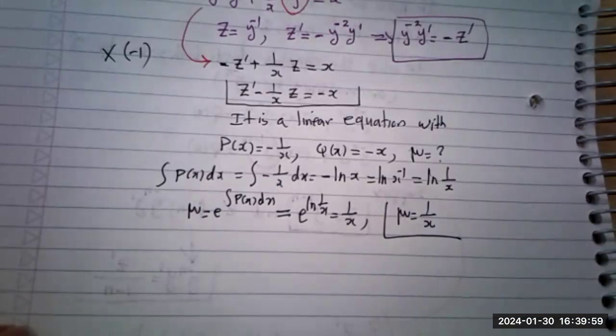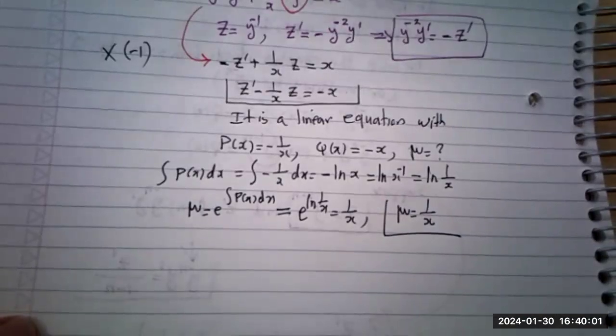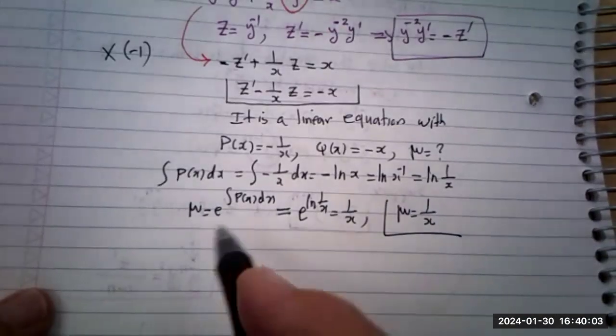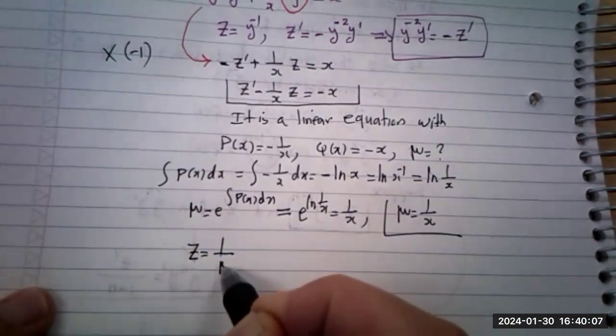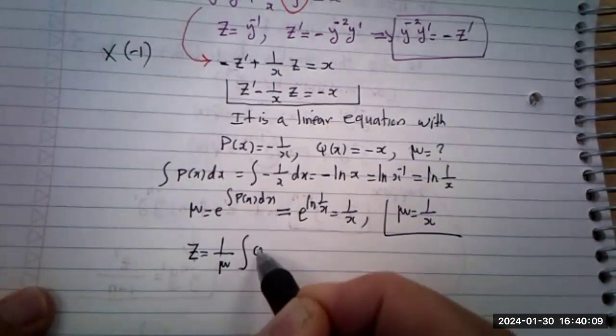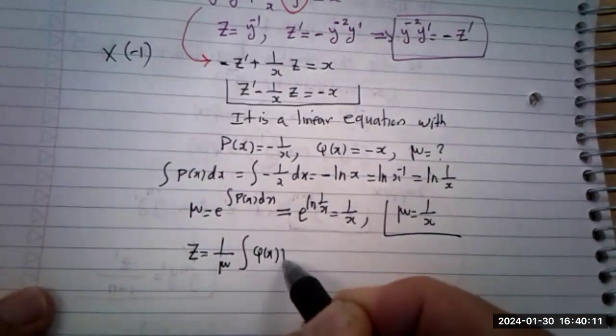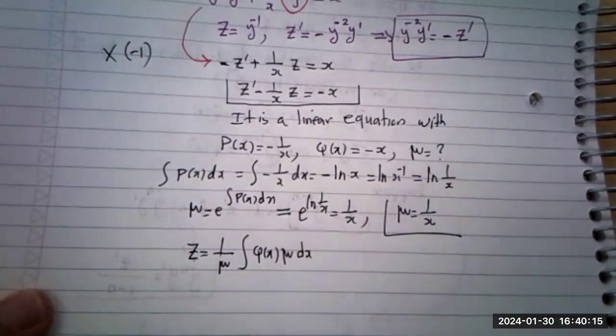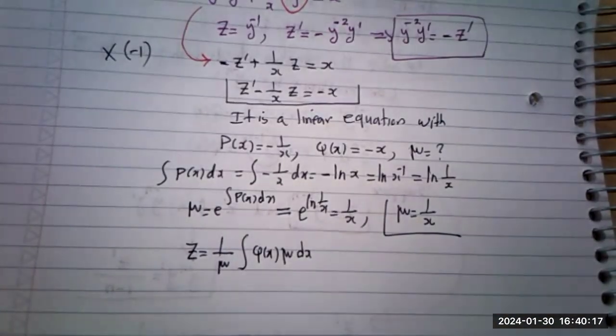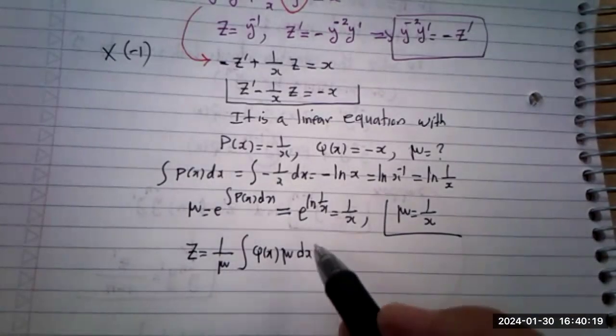Now we are ready to find the solution, but remember the variable is z. So the solution would be z equal to 1 over mu times the integral of q of x times mu dx. Now substitute.